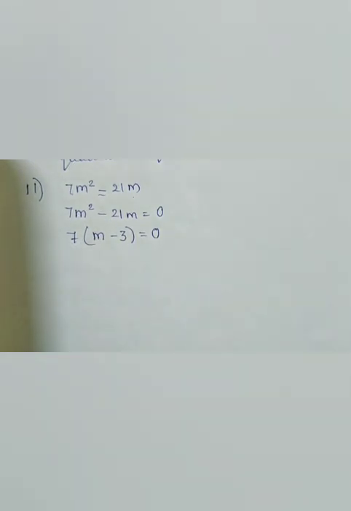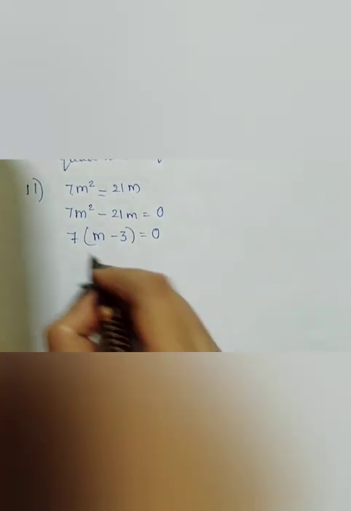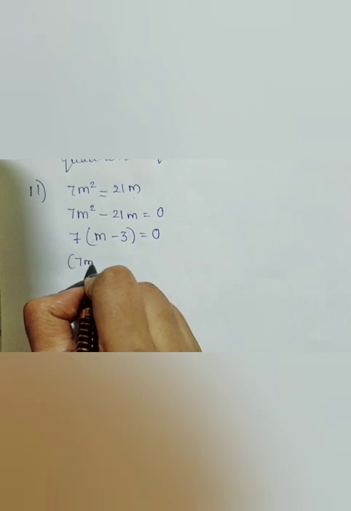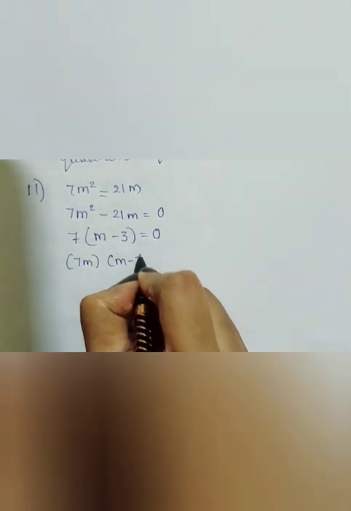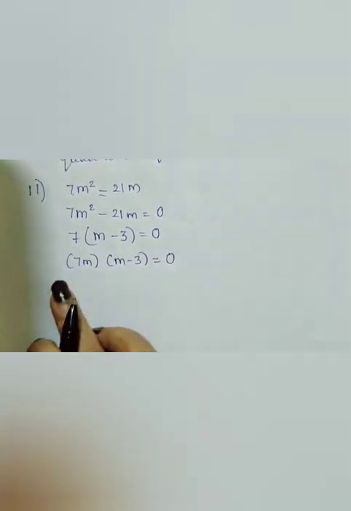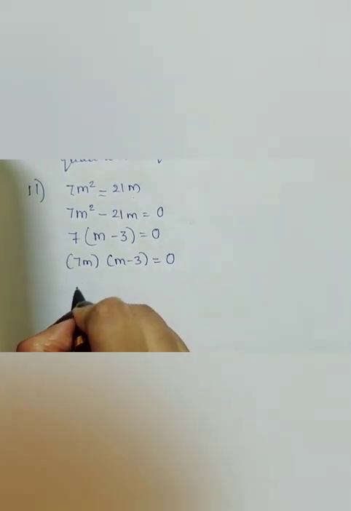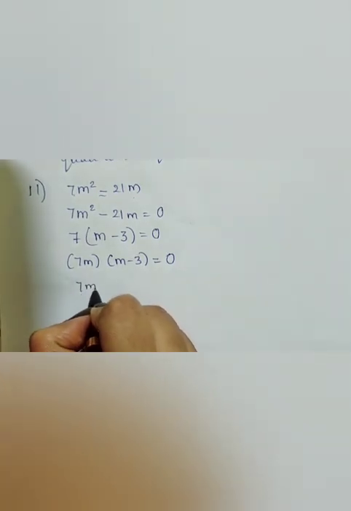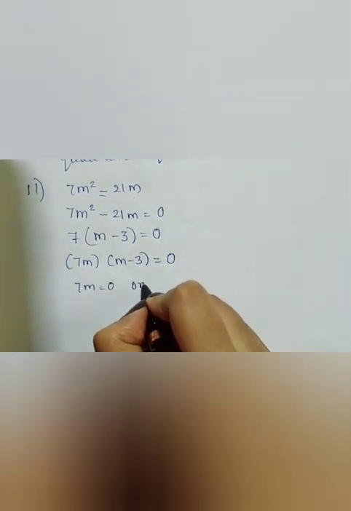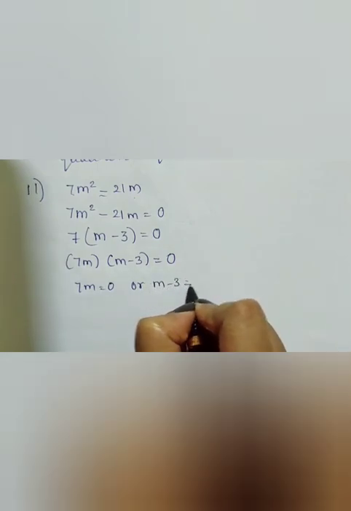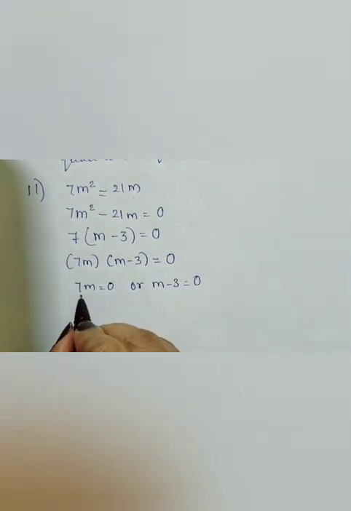Now here we can write 7m, m minus 3 is equal to 0. We got the factor. Now we will write here 7m is equal to 0 or m minus 3 is equal to 0. Now when it will come this side, it will become 0.